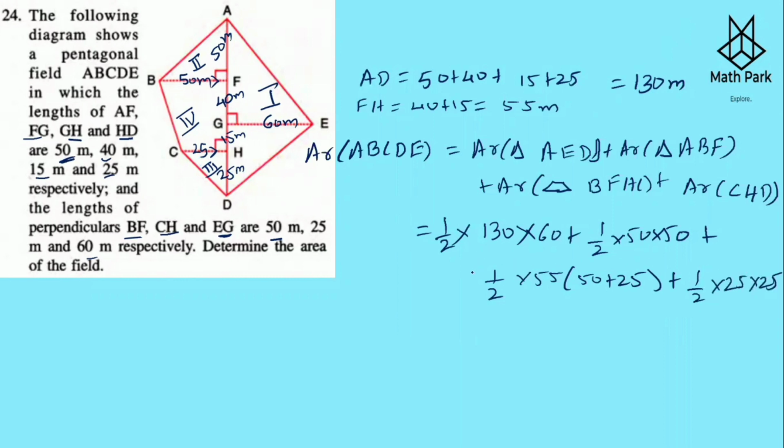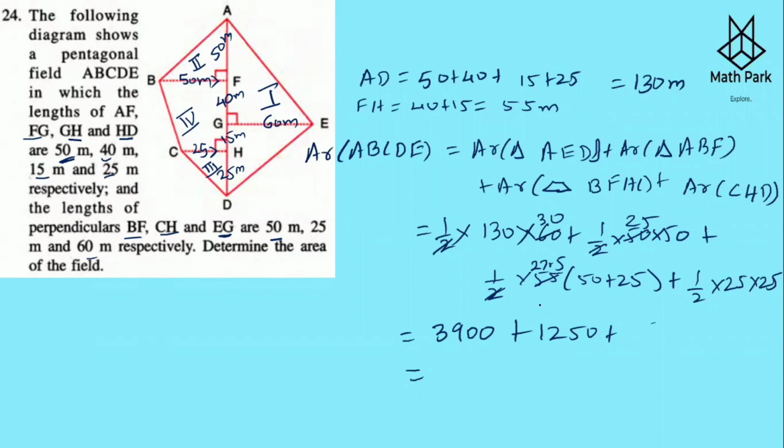Got it? So let us simplify this all together. So we have 2 ones are 2, 2 30s are 60, 2 ones are 2, 2 25s are 50. So this is 3900, plus 25 into 5 is 125, 1250, plus 50 plus 25. 55 divided by 2 is 27.5.